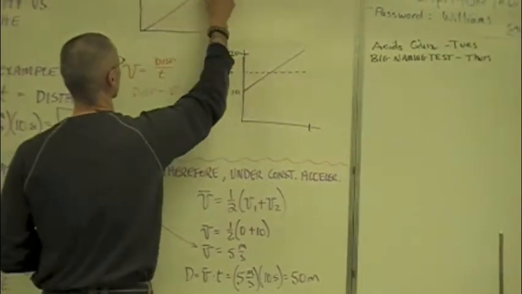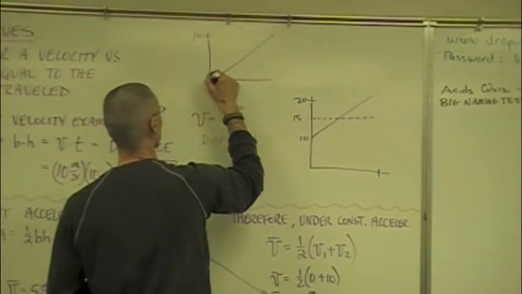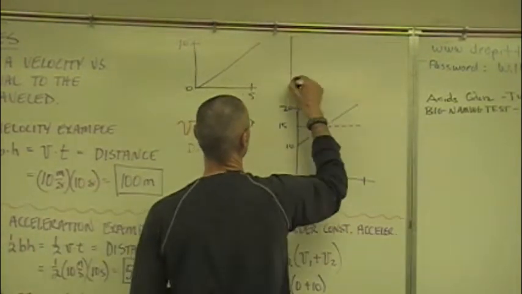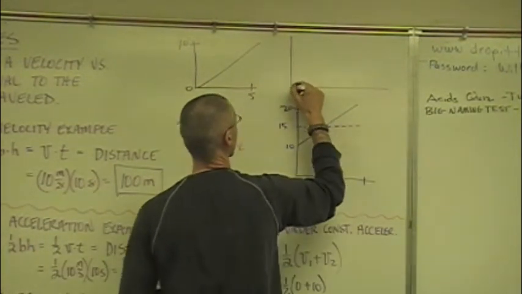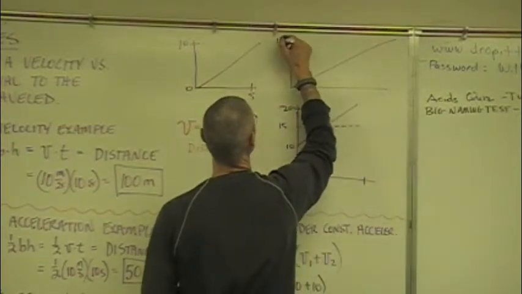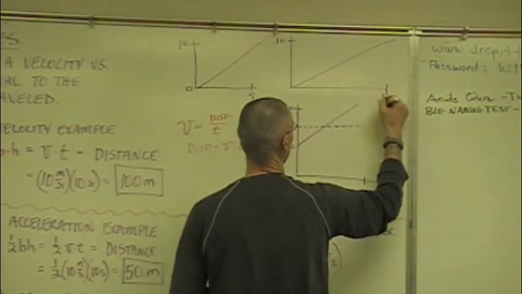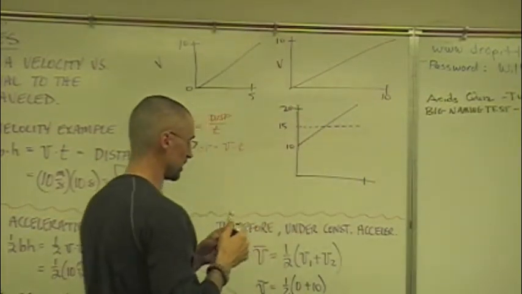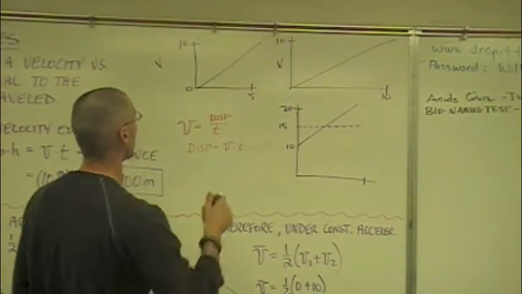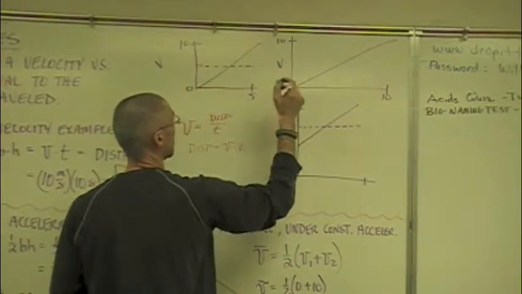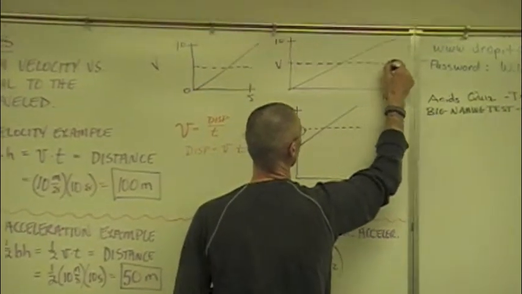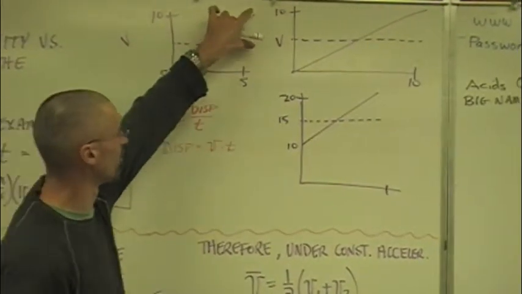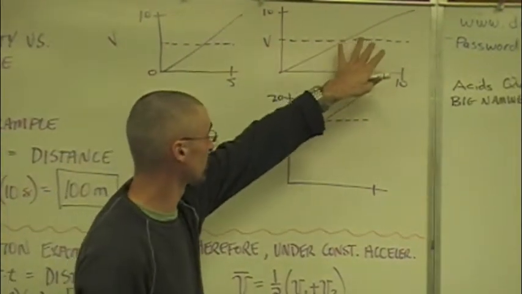One other thing that I'll throw at you too, since we're here, this is another thing that kids struggle with. If I go from 0 to 10 in, let's say, 5 seconds, and I go from 0 to 10 in 10 seconds, these are velocity versus time curves, then the average velocity for both of those is still 5, because you spent half your time below the average and half your time above the average in either case, okay?